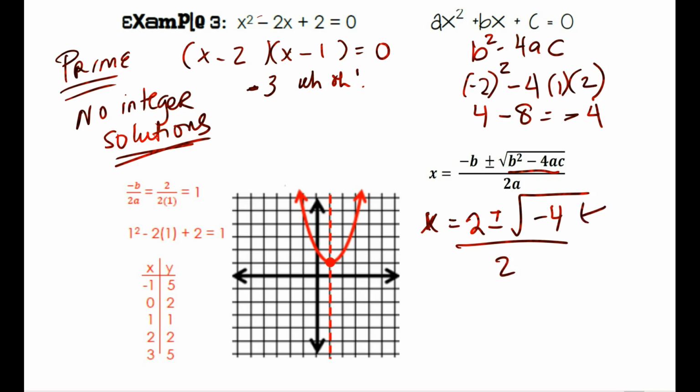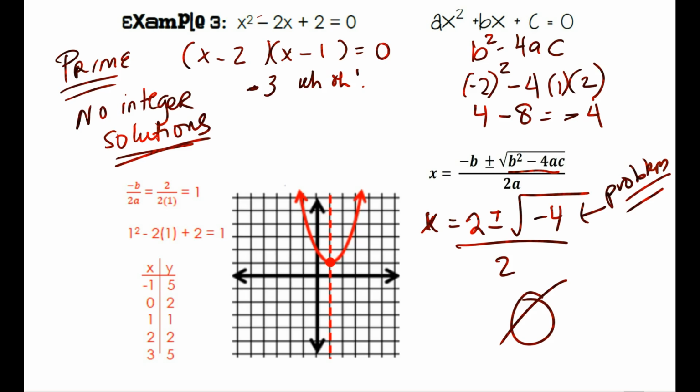So, y'all, this is a problem. This is problematic. And you should know why that's problematic, because this is a part of your extra credit. Again, you should be able to prove why, when the discriminant is a negative number, you get no real solutions.